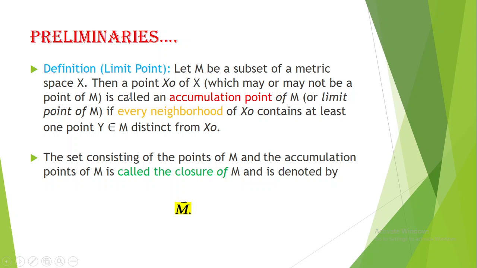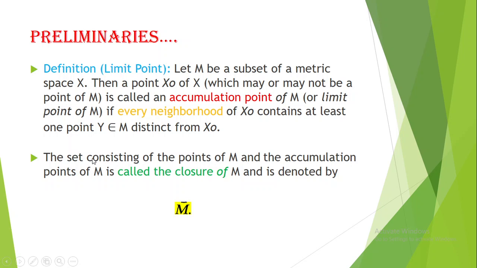This point is called an accumulation point of M, or simply a limit point of M, if every neighborhood of x naught contains at least one point of M other than x naught. This is the definition of the limit point.